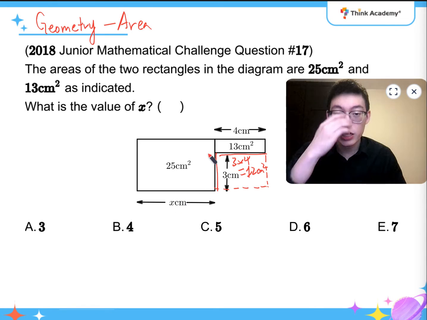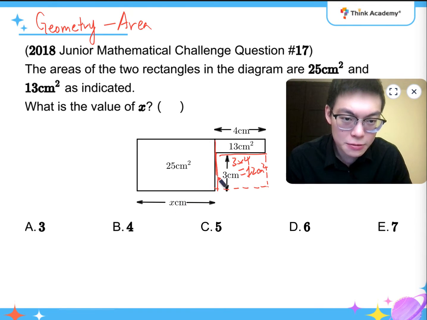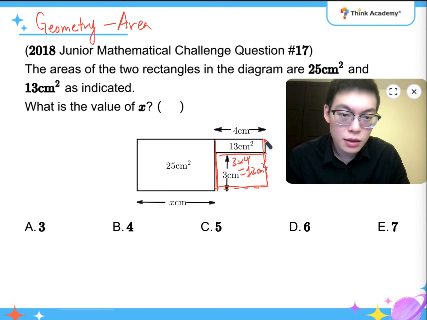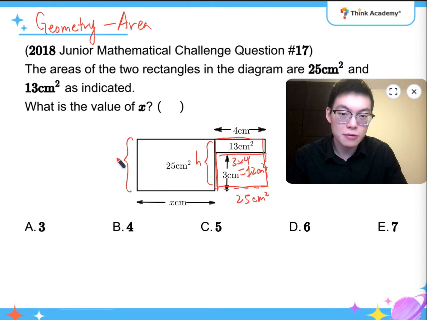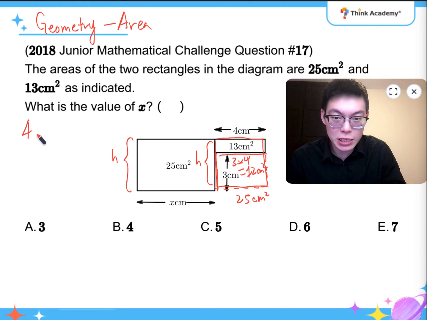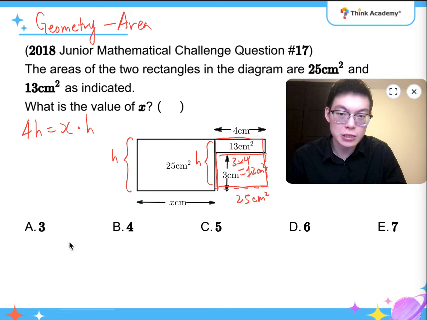So now you can see that on the right hand side, 13 and 12 is making a total of 25 centimeters squared. And both rectangles, they have the same height. Which means that 4 times height is equal to x times height. Which means x is 4, or 4 is x.